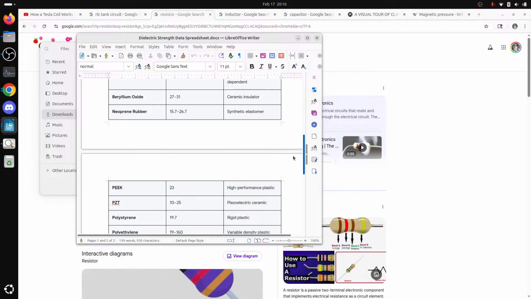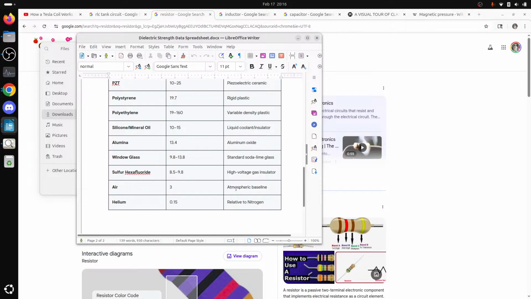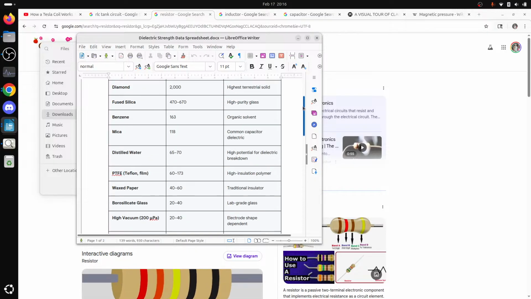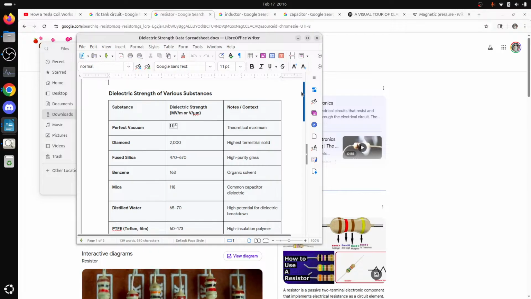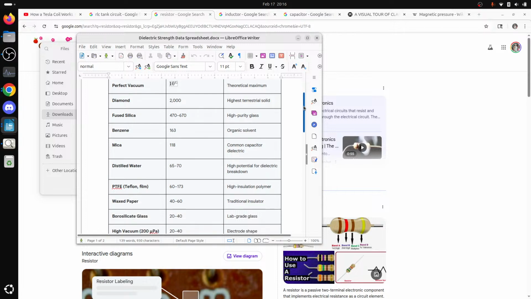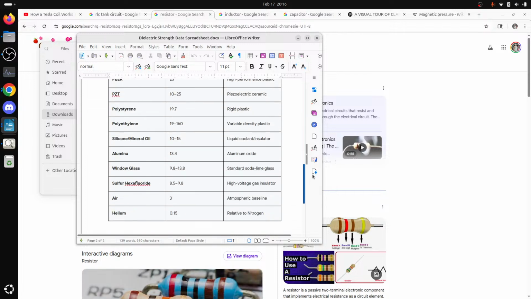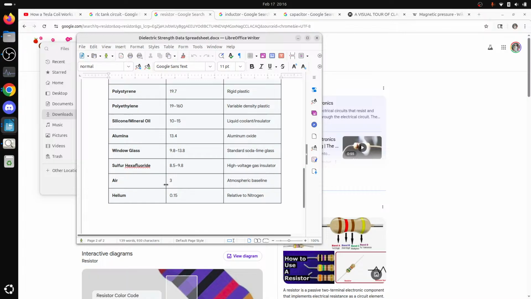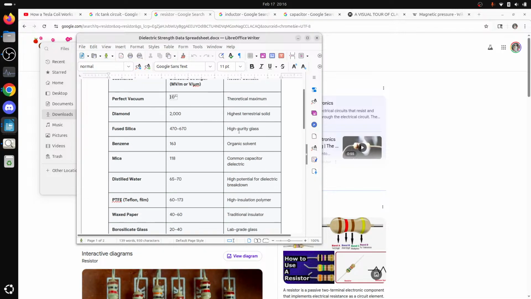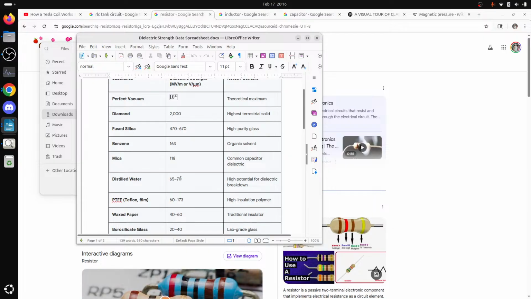So air, down here, is 3 megavolts a meter, or you could say 30 kilovolts a centimeter. So it takes so much electricity to make a spark gap get through the air. Distilled water, which is what the clouds are, is 20 times higher than that.